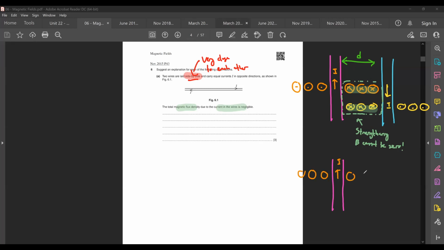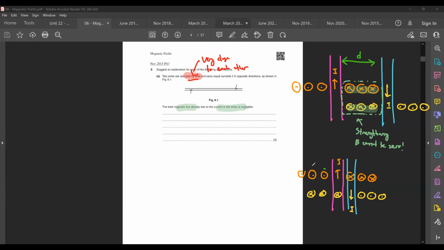I'm just drawing the same thing again. It's dot, dot, dot, cross, cross, cross. And then this one here, I draw the wire like this. This one is where my current goes down. So I draw something like this. This one is dot, dot, dot, cross, cross, cross. Okay, so from here, what you want to see is this one. What color can I use? Maybe I use green.